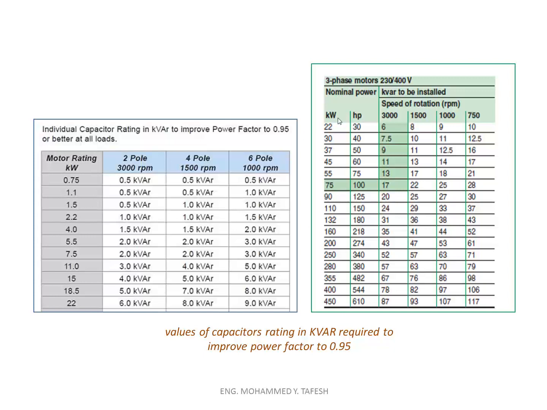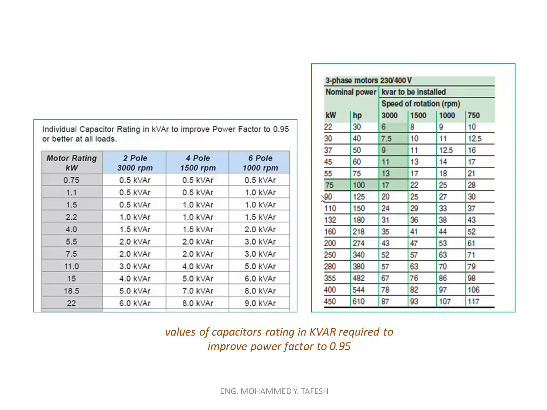Let's jump to 3-phase motors which work on 230 to 400 volt, 2 values of voltage. If we have a motor with a power of 75 kilowatt or 100 horsepower, these are measurements of true or active power for the motors.